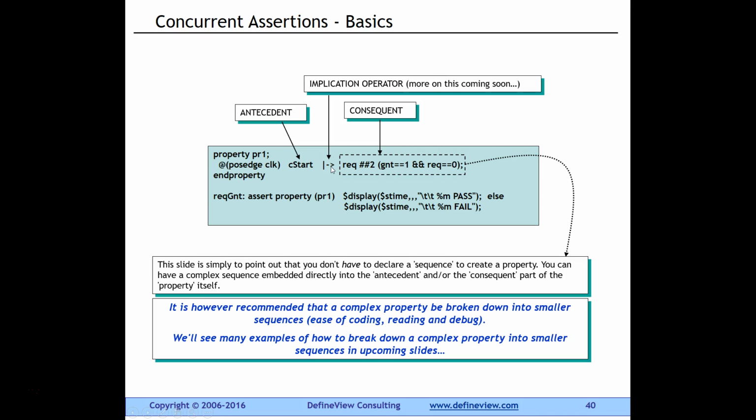And then tie them all together, and then in a property define what I call intelligent antecedent and fire the consequent, which will have a sequence here, which will call one sequence, which may call another sequence, so on and so forth. So I will show you exactly how I break down complex specs into smaller sequences and then design the assertion. It will be much easier to design and much easier to debug.